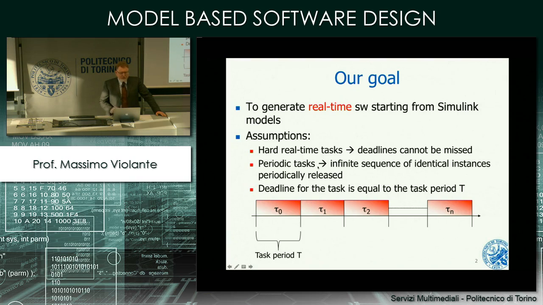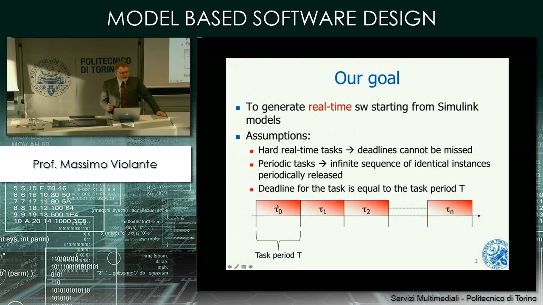Then the task is periodic. This means that our application will be seen on a temporal basis as an infinite sequence of identical instances that are periodically released. What does it mean? If we look at our software, our task will be task tau.